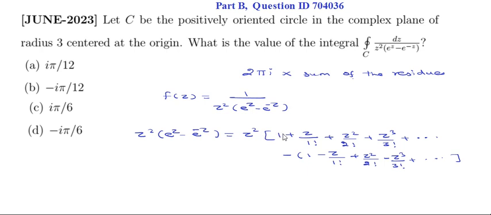Now we can simplify this. 1 and minus 1 cancel, and z square by 2 factorial and minus z square by 2 factorial cancel. It goes on like this. So finally we get z square into 2z by 1 factorial plus 2z cube by 3 factorial plus 2z power 5 by 5 factorial plus etc. All even powers get cancelled, so we only have the odd powers.